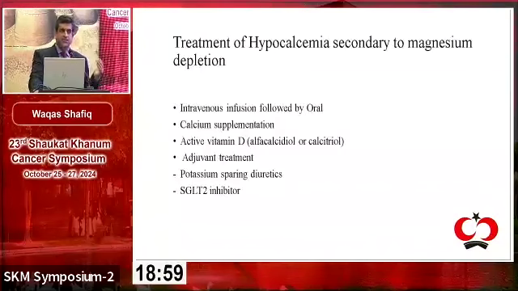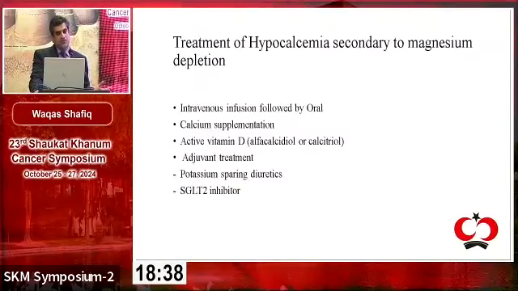I have had many patients who presented with hypocalcemia secondary to low magnesium, and we prevented hospitalization by giving them calcium and active vitamin D, along with on-and-off infusion of magnesium and oral medication as much as they can tolerate.